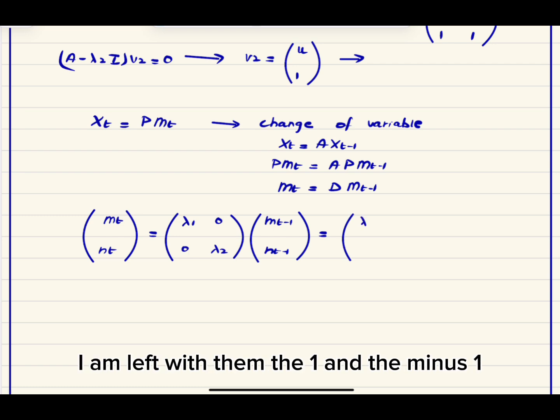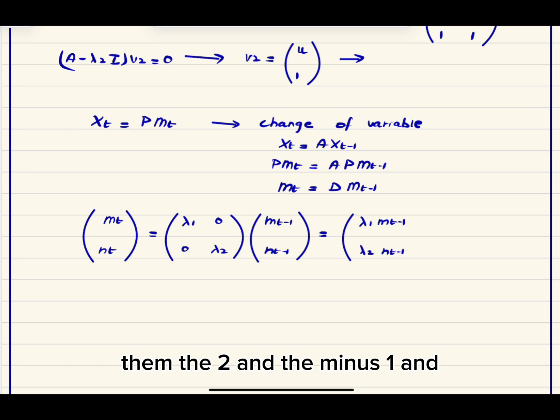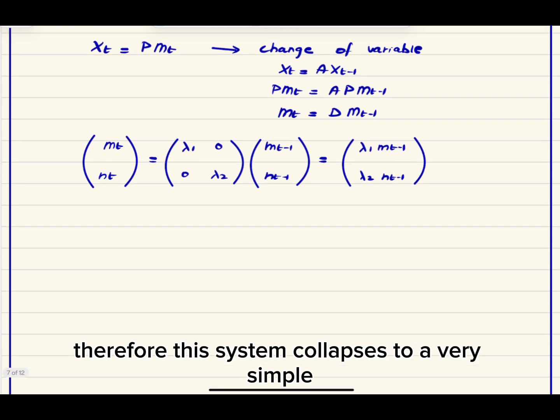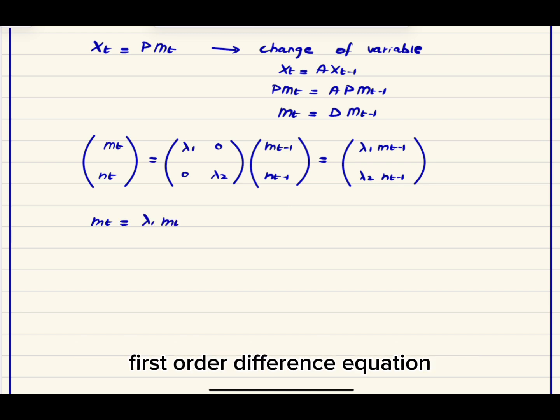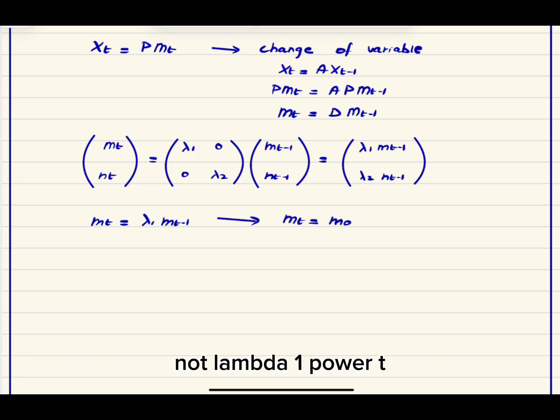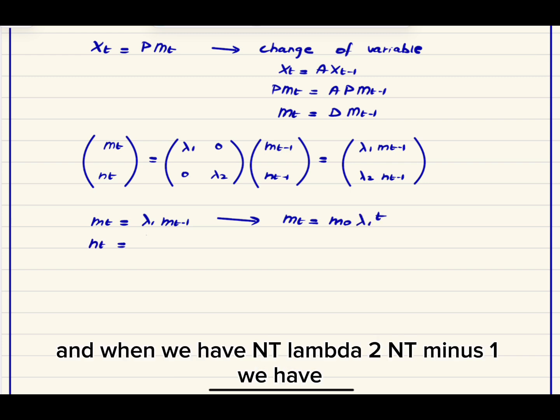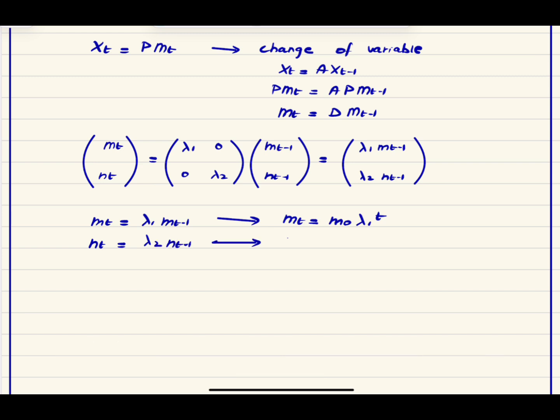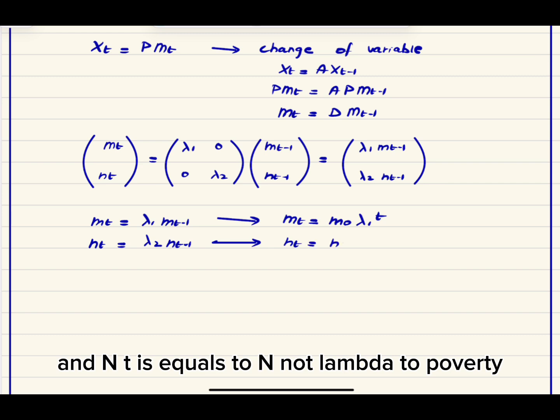I am left with lambda 1 mt minus 1 and lambda 2 nt minus 1, and therefore this system collapses to a very simple first order difference equation. And we know from the first lesson that the solution to this is mt equals m naught lambda 1 to the power t, and nt equals n naught lambda 2 to the power t.